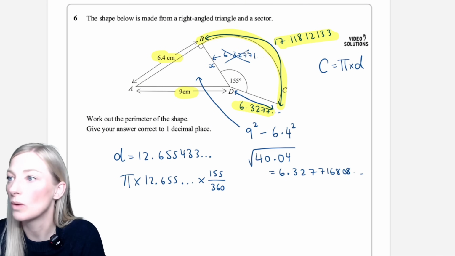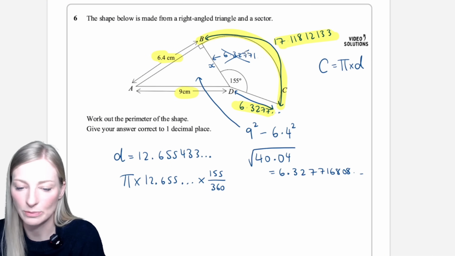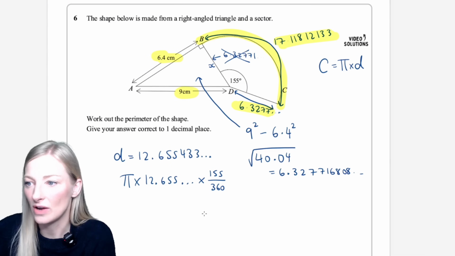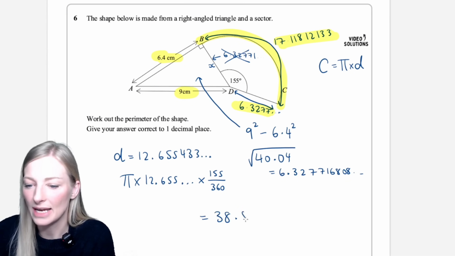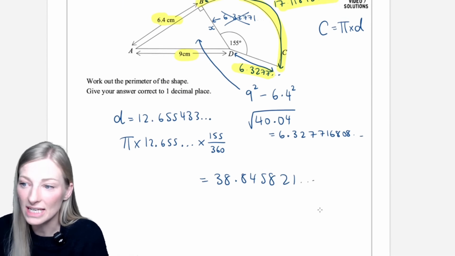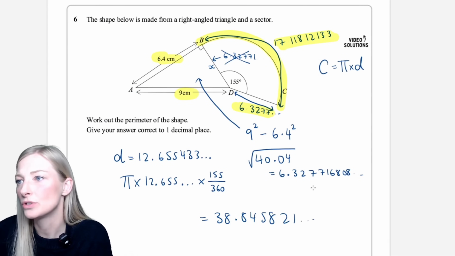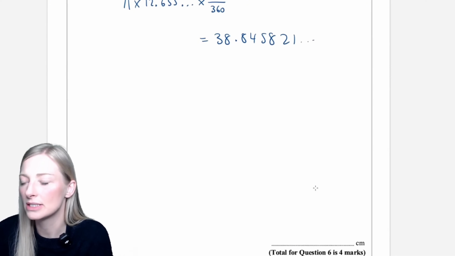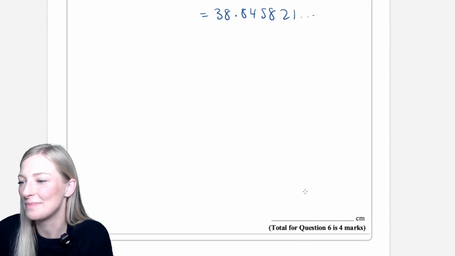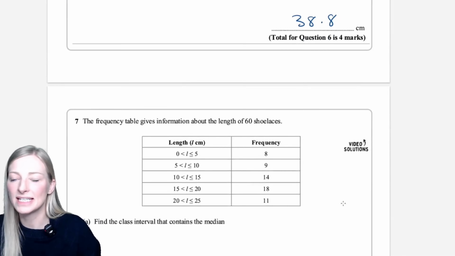So 17.118, add 6.3277, that'll be enough decimal places, add 9, add 6.4, adding all of that together, I get 38.845821. We're asked to round it to one decimal place, so let's go 38.8 on that one. 1, 2, 3, 4, yeah, got all the sides. So 38.8 would be my answer there. And that is in centimetres because it is a length.